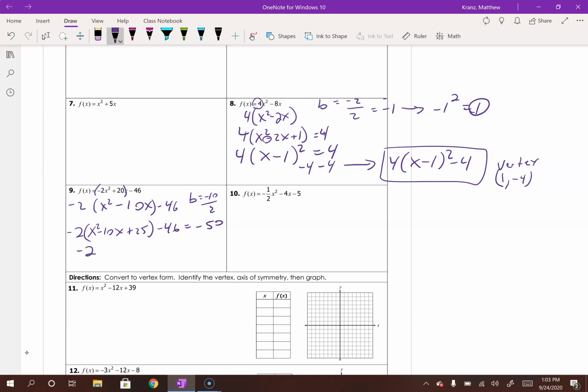Now I can factor this. I have a negative 2, and see how this equaled negative 5? That's what's going to go here. x minus 5 squared minus 46 equals a negative 50. And now I add 50 to both sides, which gives me negative 2 x minus 5 squared plus 4. My vertex is now 5, 4.